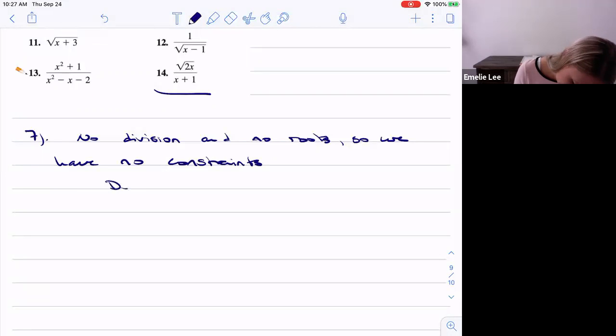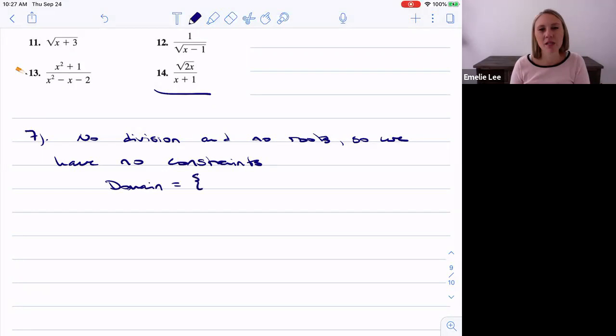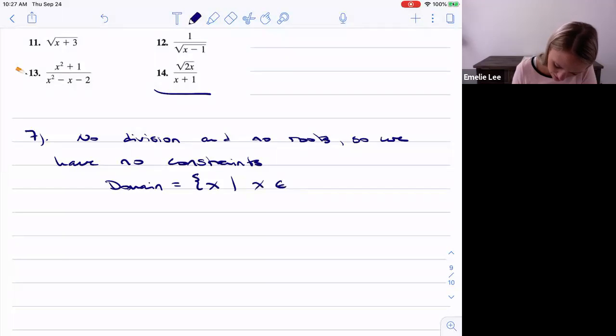So the domain, and I'm going to use set notation, set builder notation, is the set of x's such that x is in the set of real numbers. Do you guys remember that? That was from way back, beginning of the course.